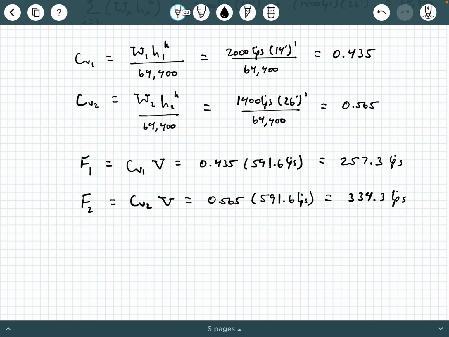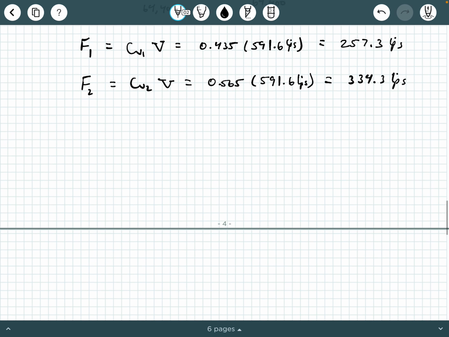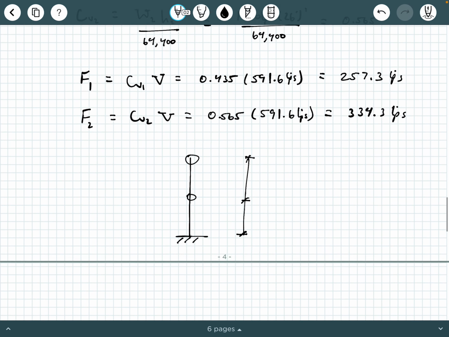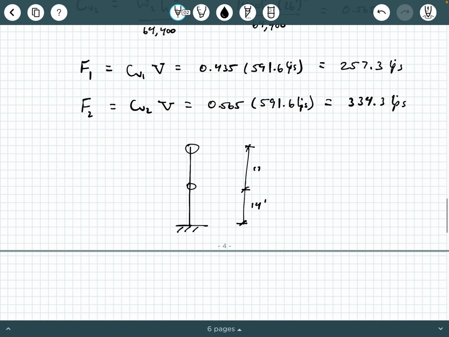We get 334.3 kips, okay? And so if we wanted to draw a nice little figure, I'm going to draw it as a lumped mass system again, because we don't know the explicit geometry of our structure here. So I already forgot what those lengths were. What is it? 14 feet and 12 feet. And so we've got this lateral load here, 257.3 kips.